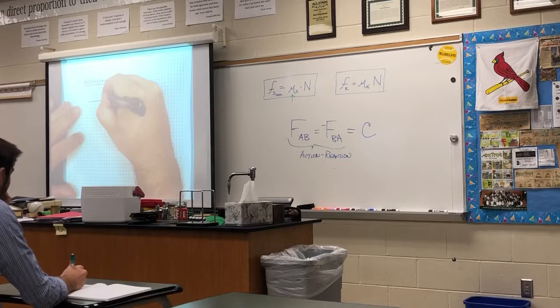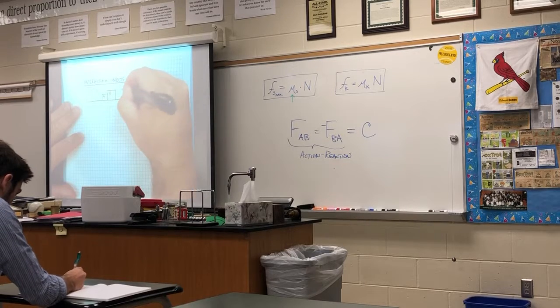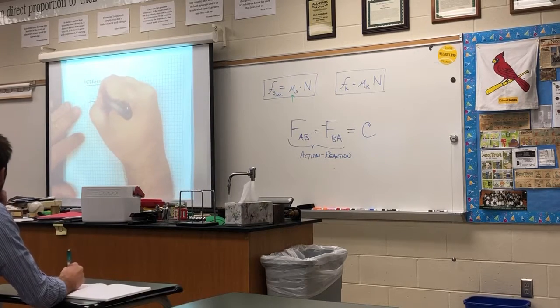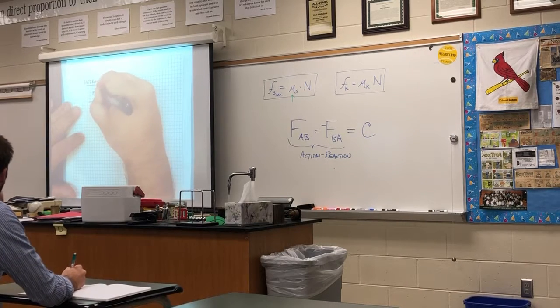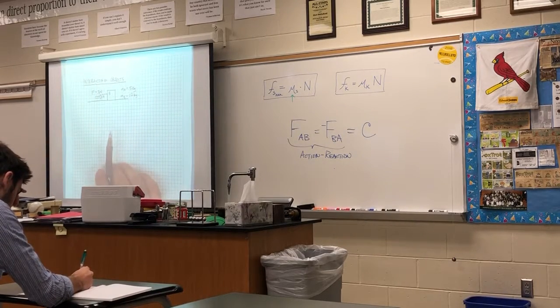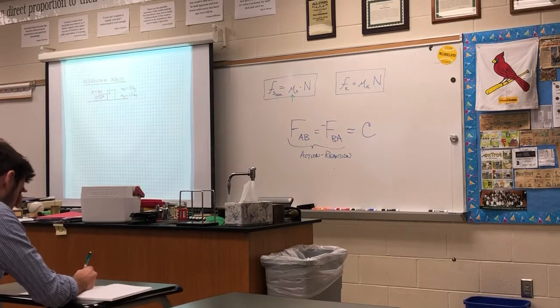Call this A, this B. So the mass of A is 5 kilograms. The mass of B is 10 kilograms. And we have a force that's how much? 3 newtons. Now I've got 5 and 10 and 3. We'll assume they have more significant figures. Okay?